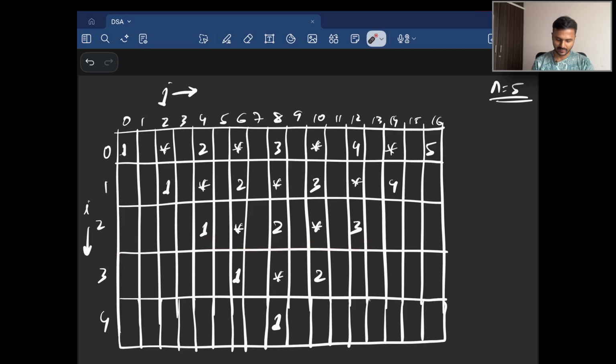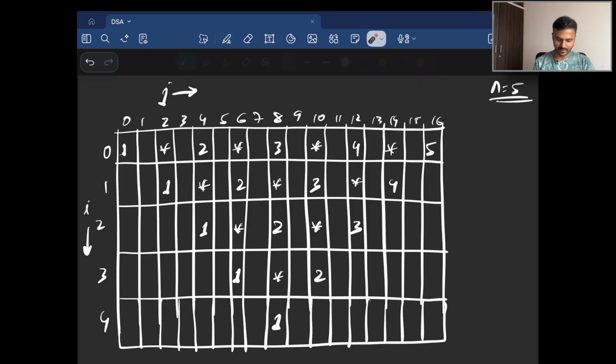When I is 3, that is the fourth row, we're printing six spaces, then the rest of the pattern. Then when I is 4, that is in the fifth row, we're printing eight spaces, and then we are printing one. So like the other question that we had solved, here as well, we will need to print a few spaces at the beginning of the row, and then the rest of the row would be printed, right?